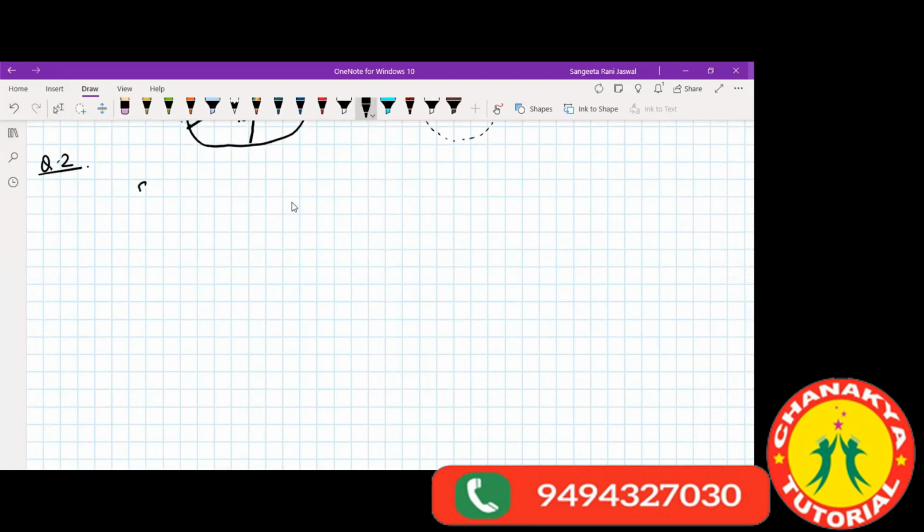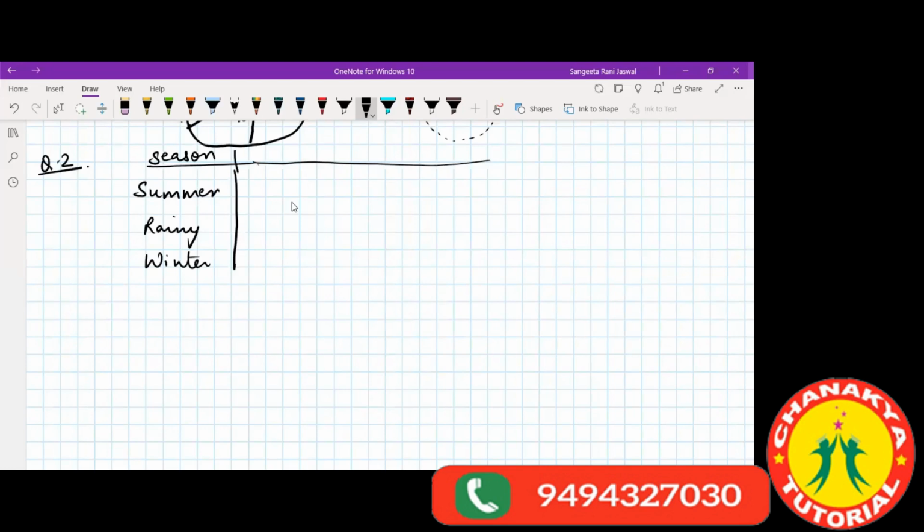The seasons given are summer season, then you have rainy season, then you have winters. So these were the seasons. You can please make it in your notebooks also. And listen also. The first thing is to listen how to make it. So these are the seasons and these are the number of votes.